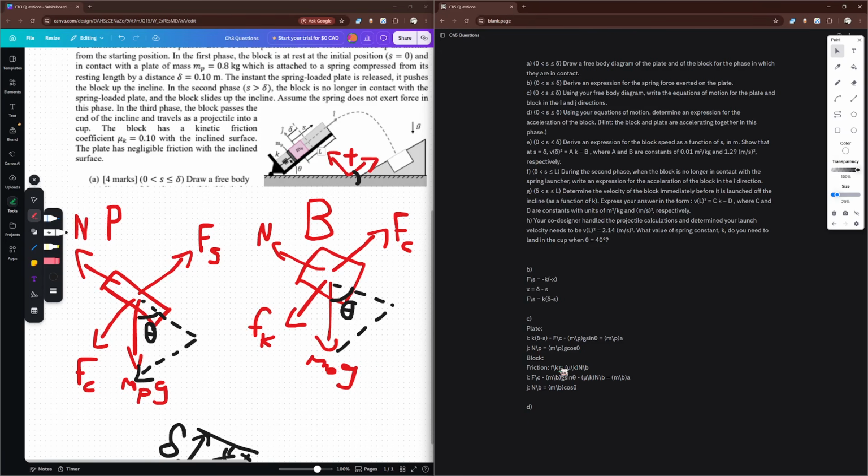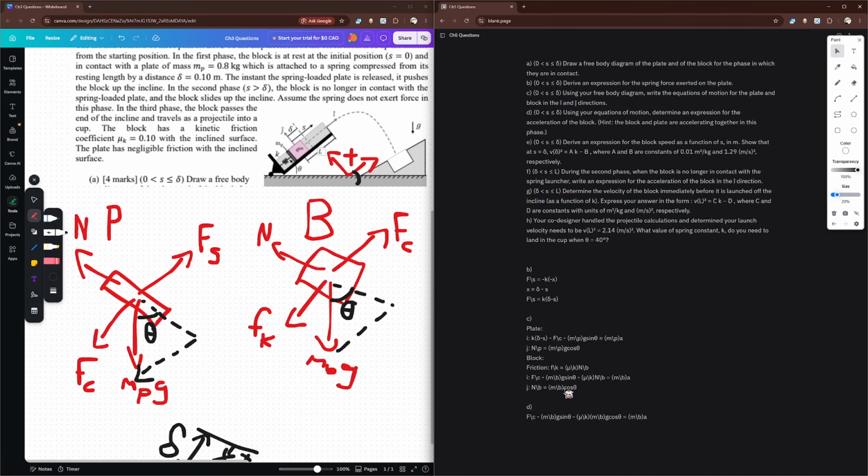First of all, we're going to be looking at the block and its acceleration term. We have two equations. We have a normal force, and the normal force is equal to this term. So we're going to take this equation and replace the normal force with the weight term, m g.